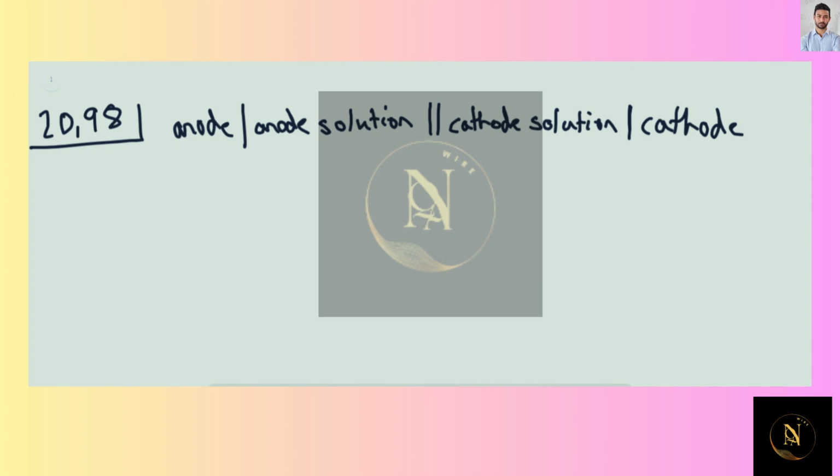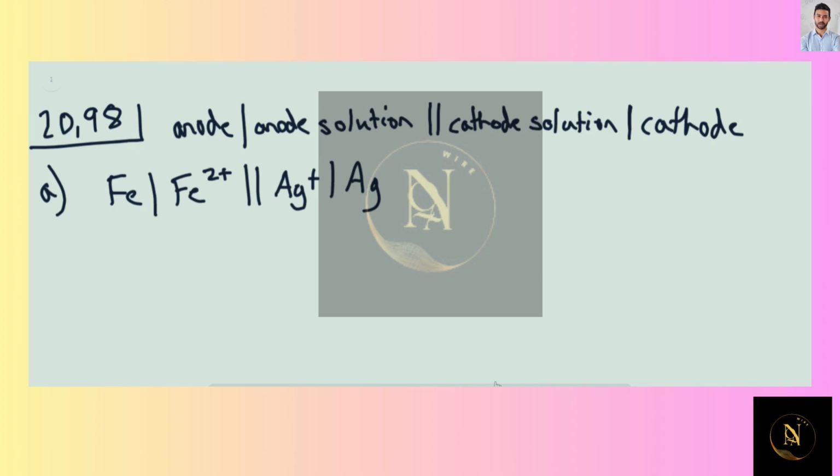In part A, they ask us to write the half reaction and overall cell reaction represented by this cell, which they're given, and calculate the standard cell EMF. So in this cell here, we have iron, iron 2 plus, double line, silver plus, and silver.